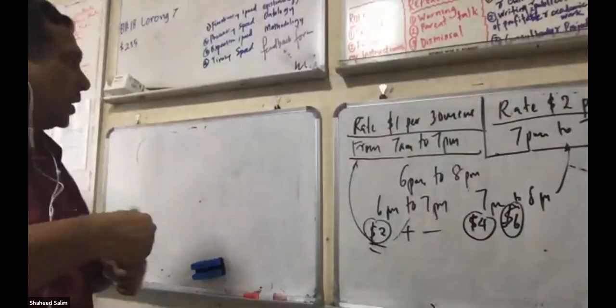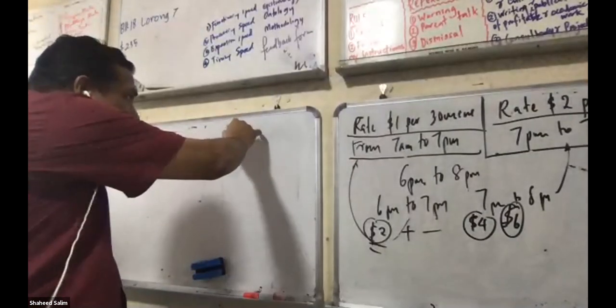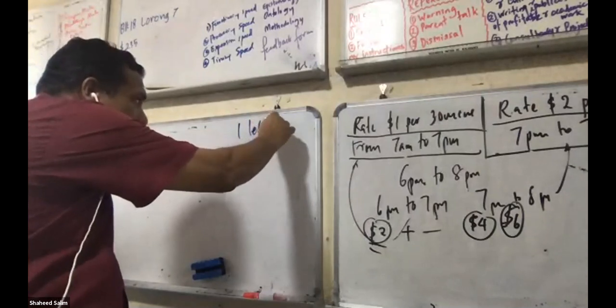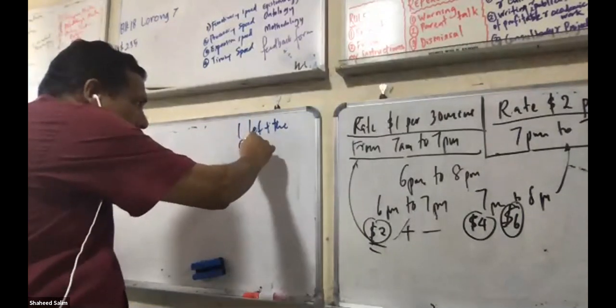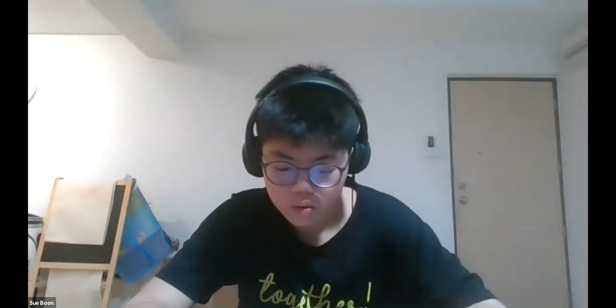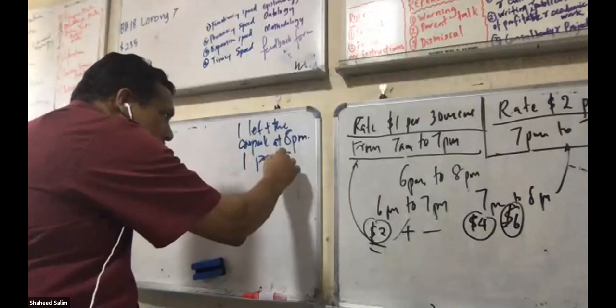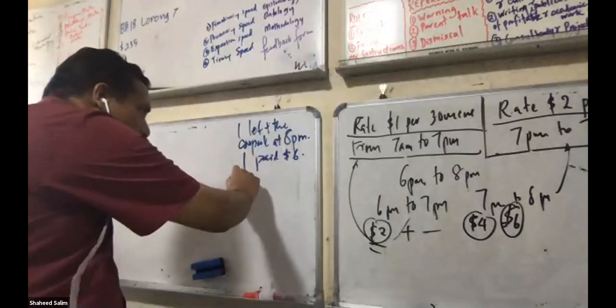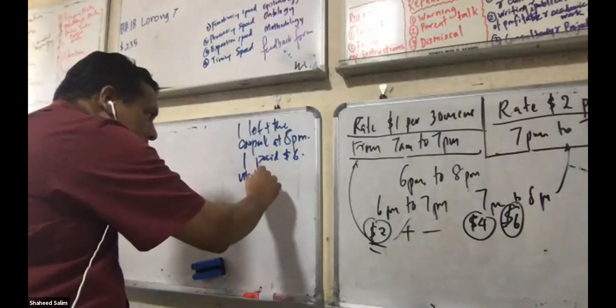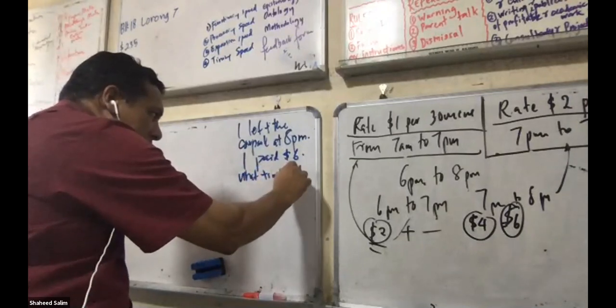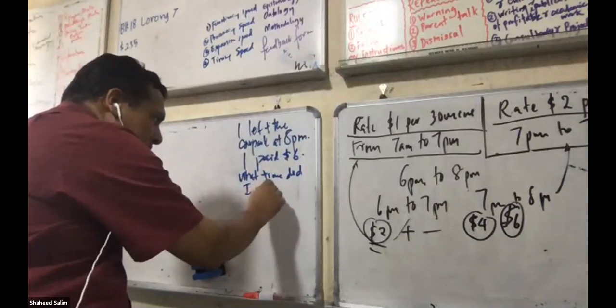Now the question is asking like this. I left the car park at 8 p.m. and I paid $6. What time did I enter the car park?